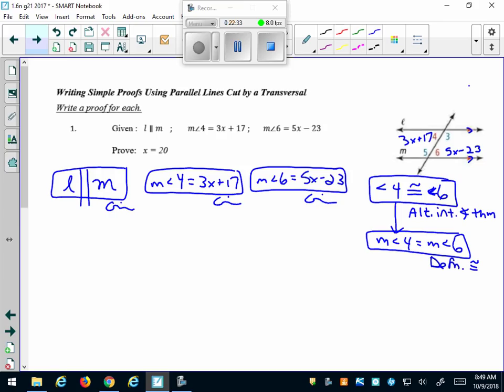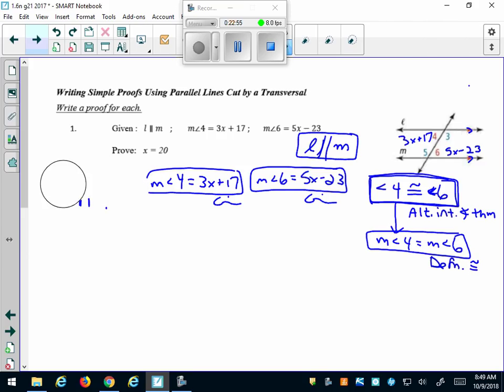By the way, this parallel actually contributes to this statement, that the alternate interior angles are congruent. The theorem says if the lines are parallel. So I'm going to change this and put my given, if the lines are parallel.